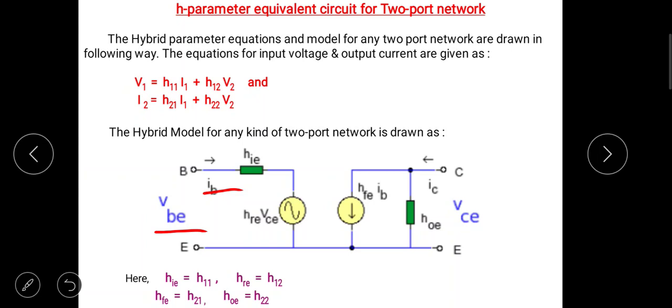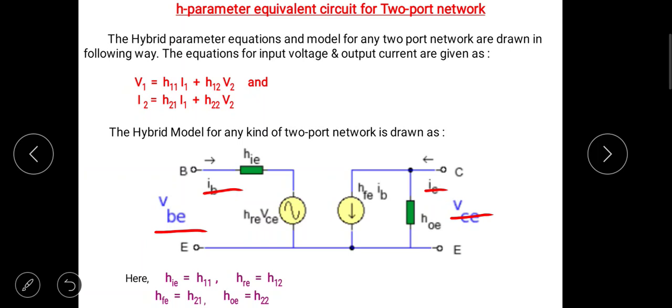On the right side, that means towards port 2, there is output voltage VCE. To be particular, this is nothing but output voltage V2, and here is output current IC, which is nothing but current I2 flowing inside this circuit. Now these are the input and output quantities.